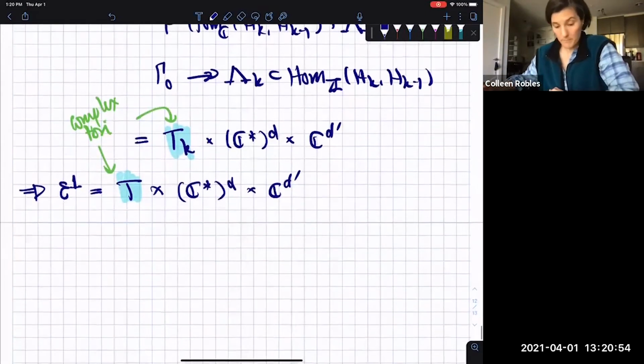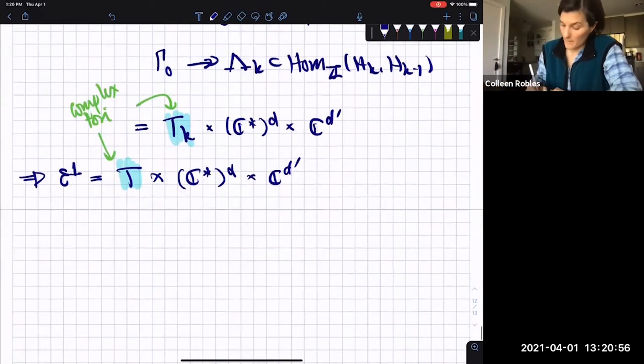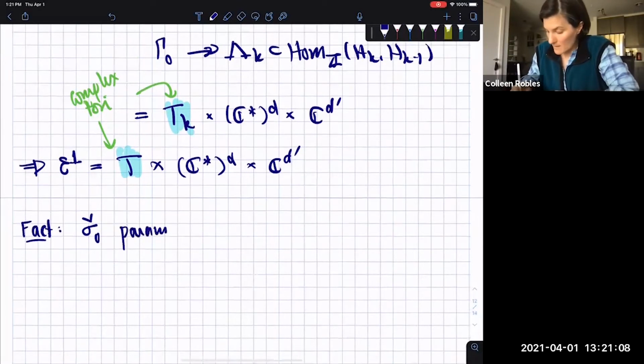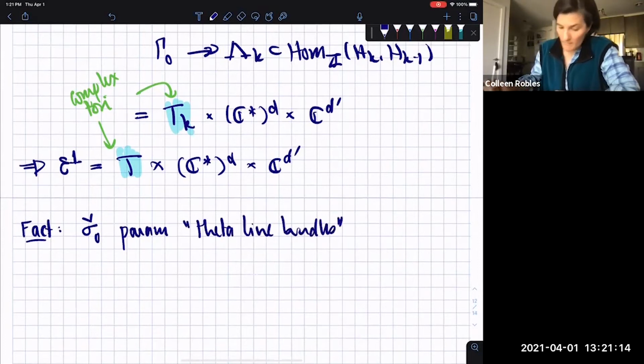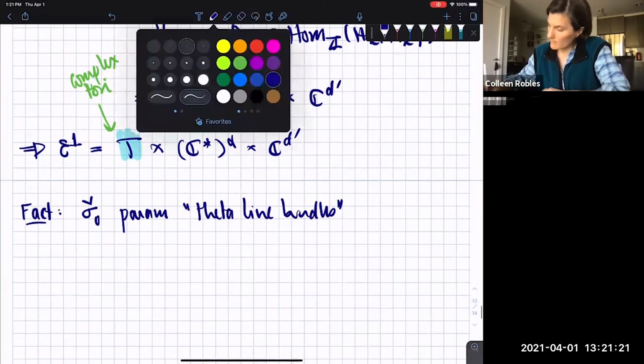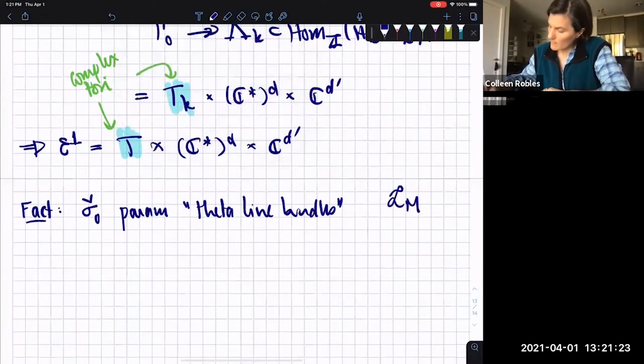And now the suggestive fact is that again, this dual to the cone parameterizes what I'll call theta line bundles LM over the torus.